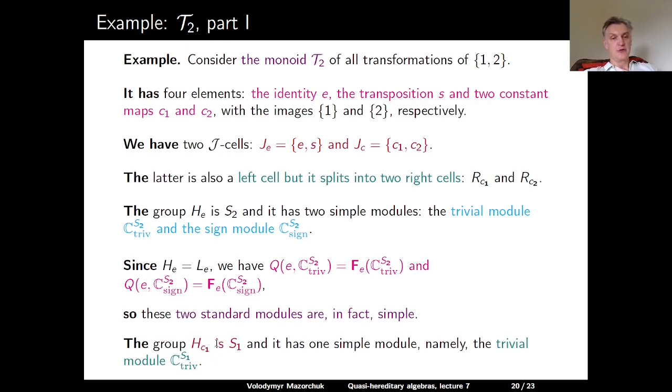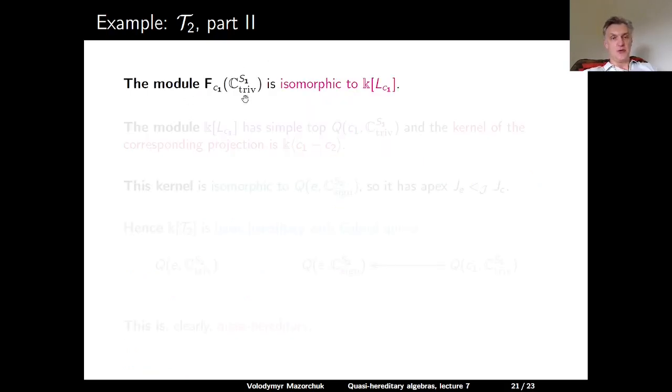The maximal subgroup which corresponds to the constant map with image 1 is S_1, because it's just one element, and this has one simple module, namely the trivial module. So the induced module from this trivial module is isomorphic to the cell module for the left cell of c_1.